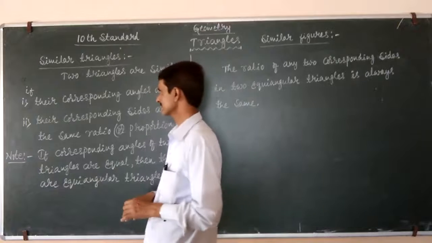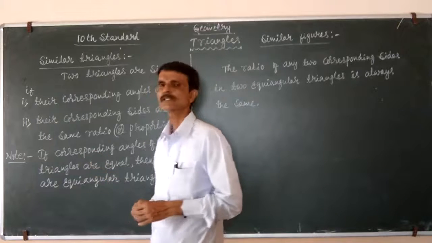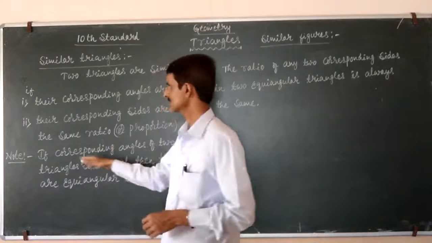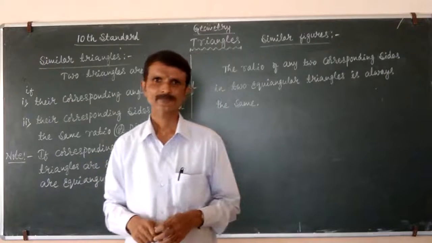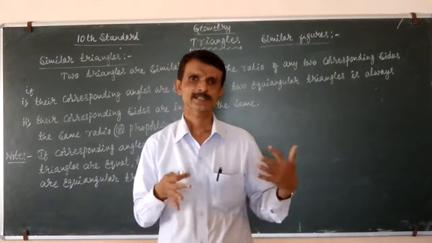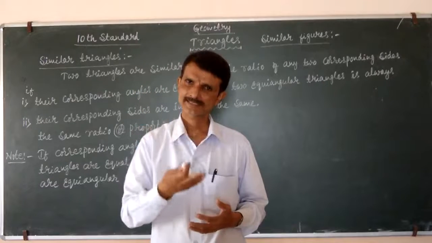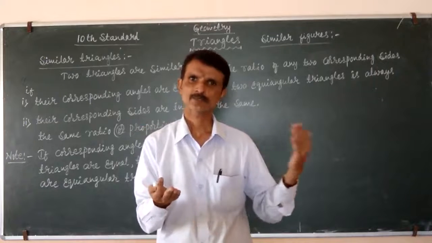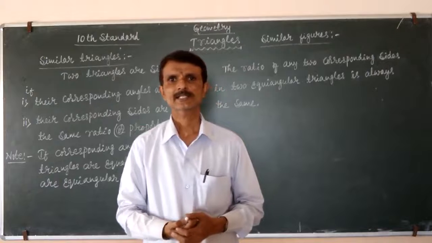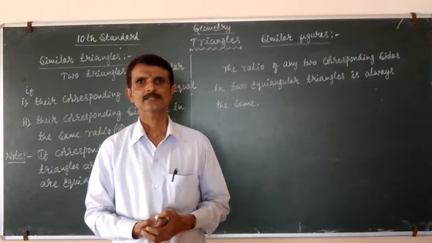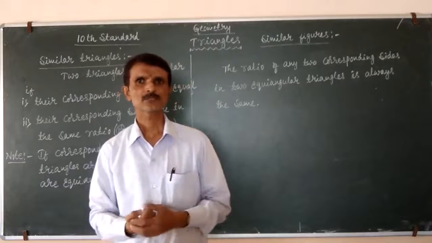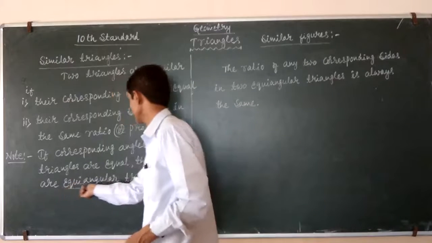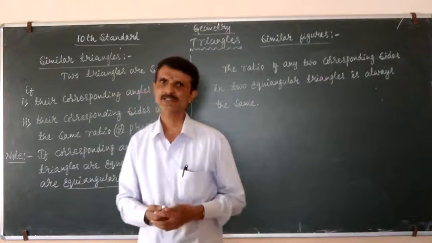Another point we have to remember. If the corresponding angles of two triangles are equal, that means all the three angles of one triangle are equal to all the angles of the other triangle, then those two triangles are called equiangular triangles.